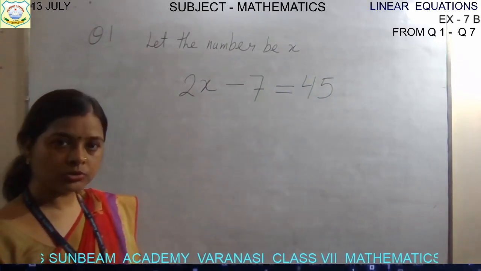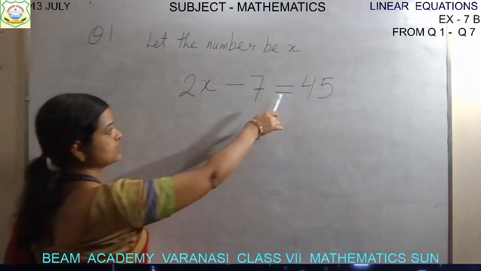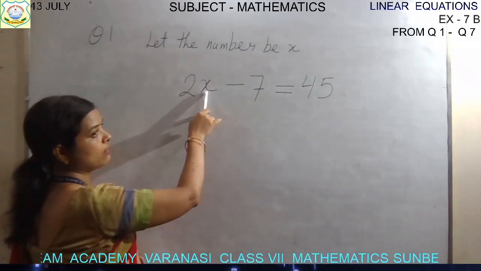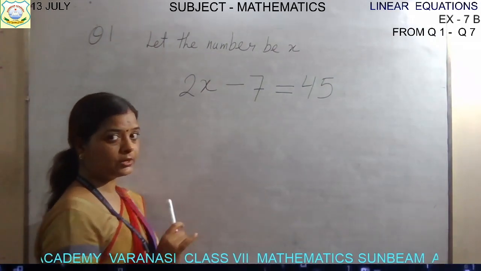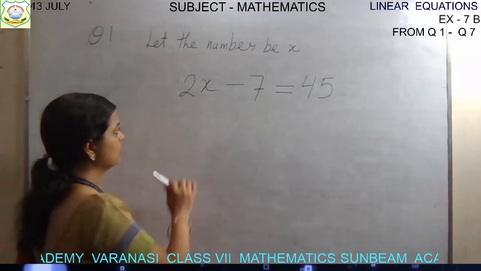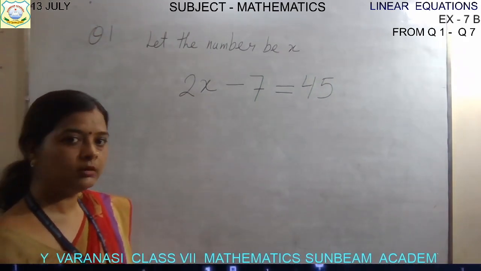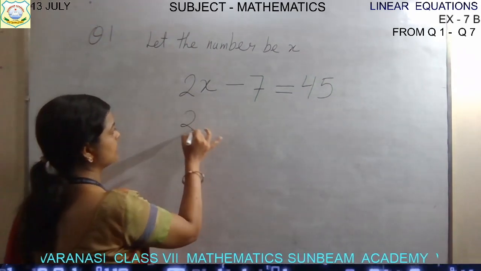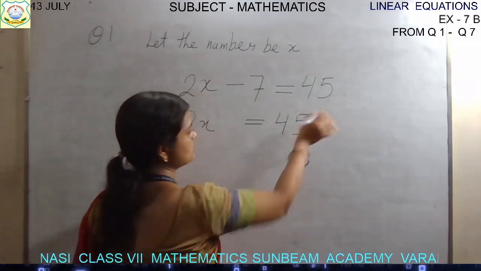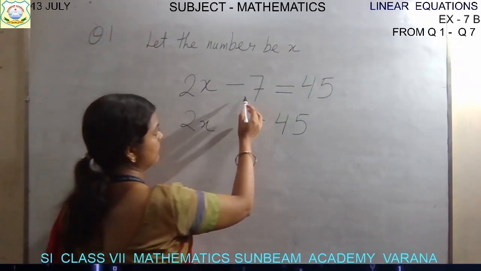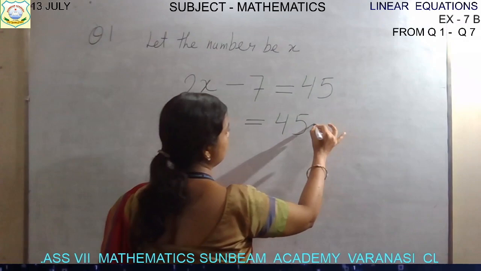Now you know how to solve this. You have formed a linear equation where there is an equality sign and the power of variable is 1, and we are using only one variable. So it is a linear equation in one variable. Now separating variable term on one side and constant term on the other side. So 2x is equal to 45 is already on RHS. When 7 will transpose to that side, this is minus 7, it will become plus 7.